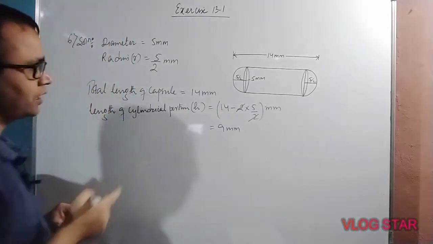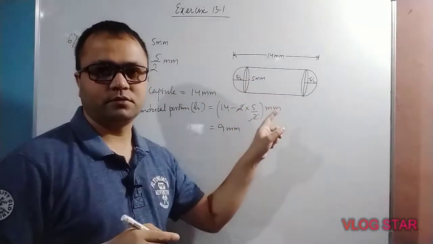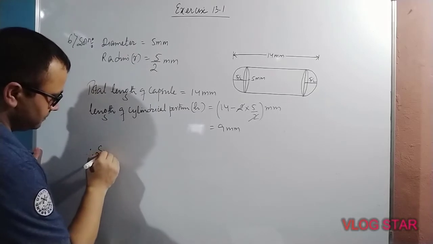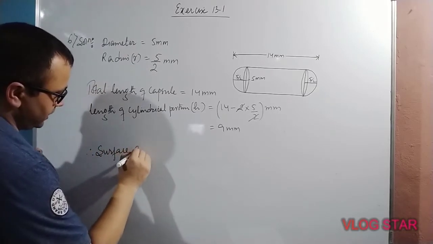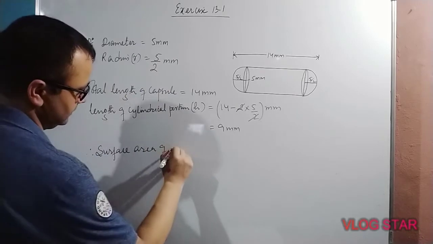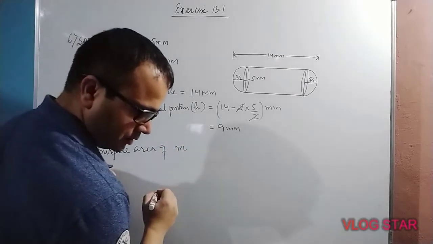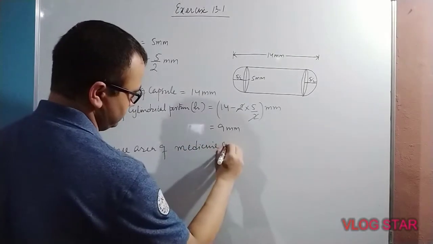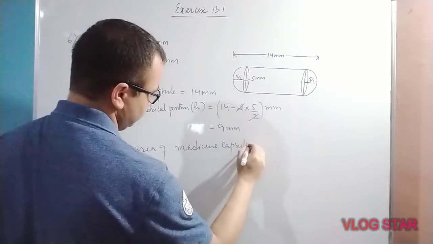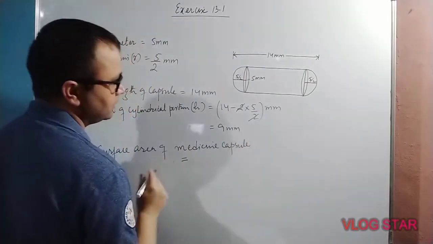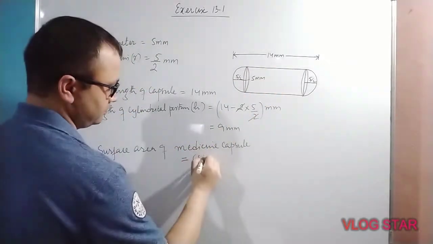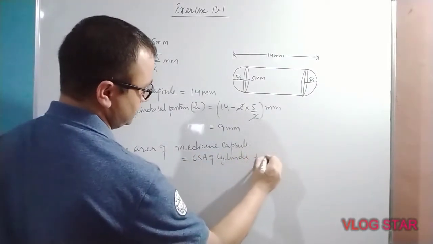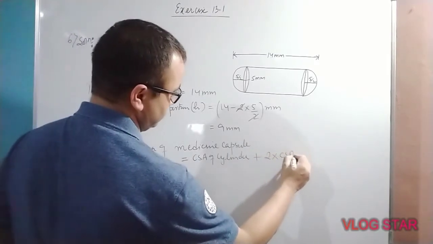Now we will be able to calculate the surface area of the medicine capsule. Therefore, surface area of the medicine capsule equals CSA of cylinder plus 2 into CSA of hemisphere.